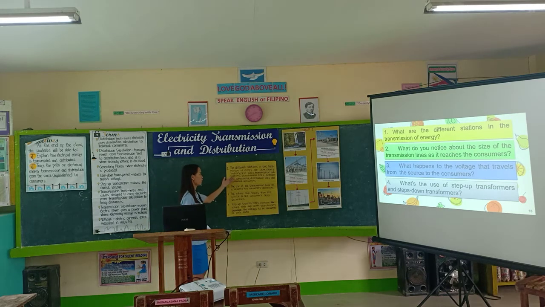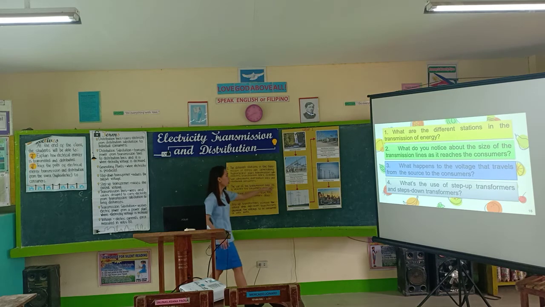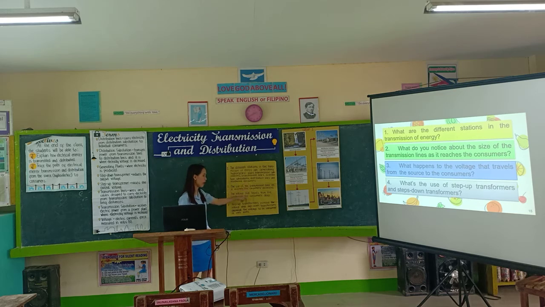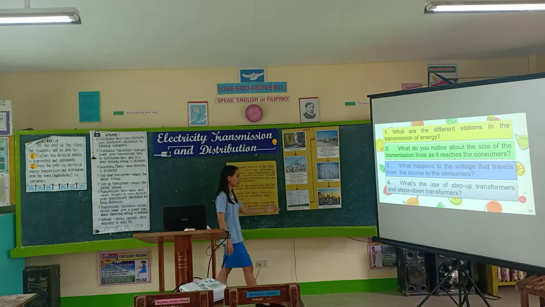The different stations in the transmission of energy are the generating hydroelectric plant, the power plant, the source of our electric power, transmission substations, transmission lines, distribution substations, distribution lines, and residential consumers. This is the last stop.